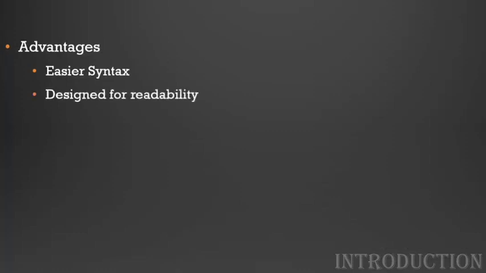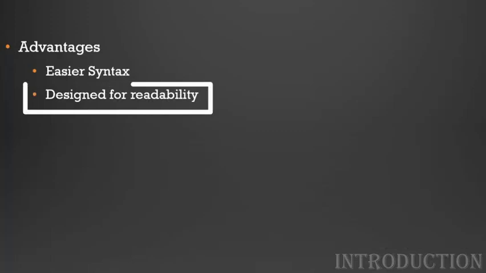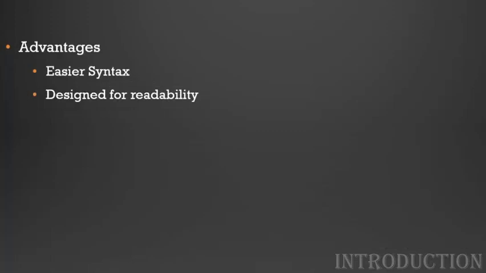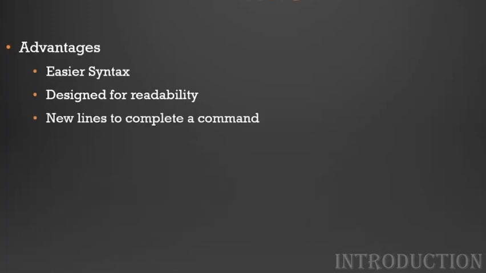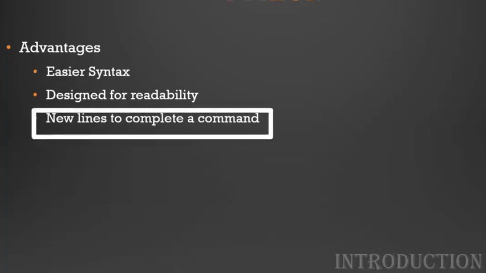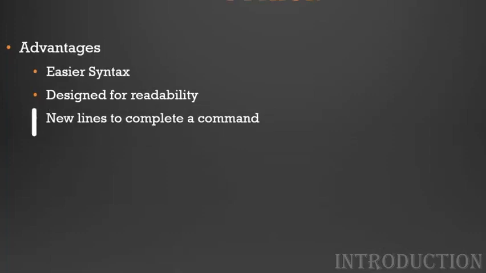Python was designed for readability and has some similarities with the English language, with influence from mathematics. As I was telling, it is completely like a textual based language. And Python uses a new line to complete a command. If you are familiar with C language or any other language, most languages use something like a semicolon. The semicolon signifies that one command is done and you are going to the next command.